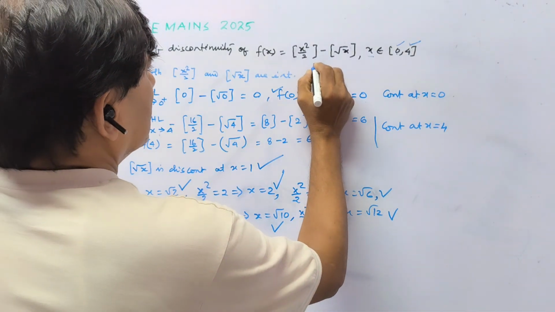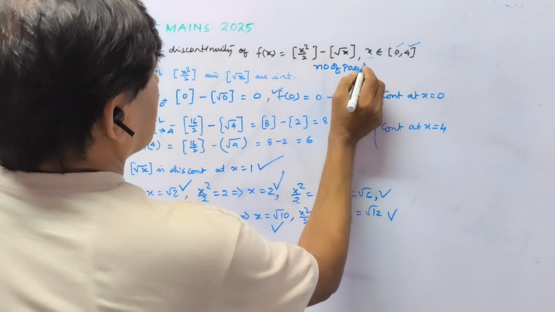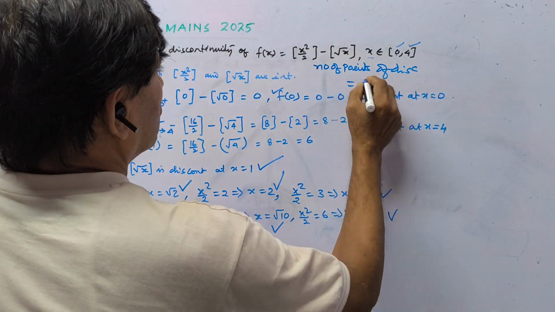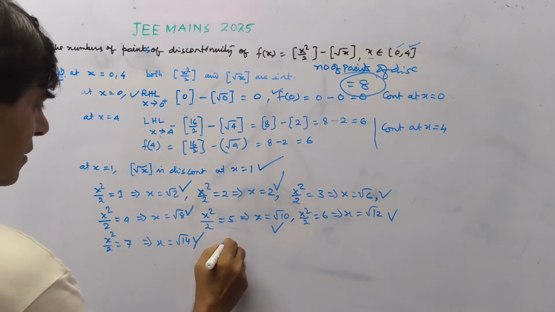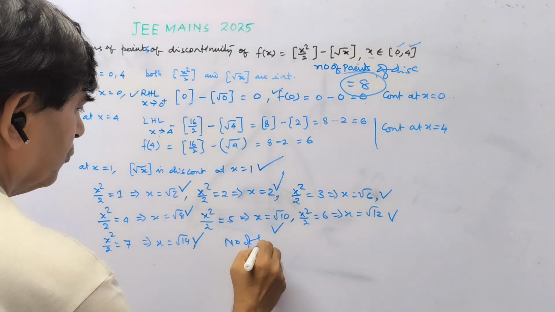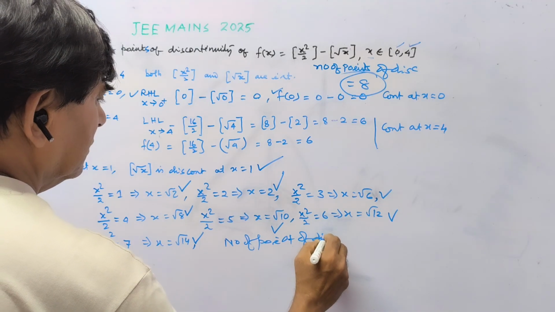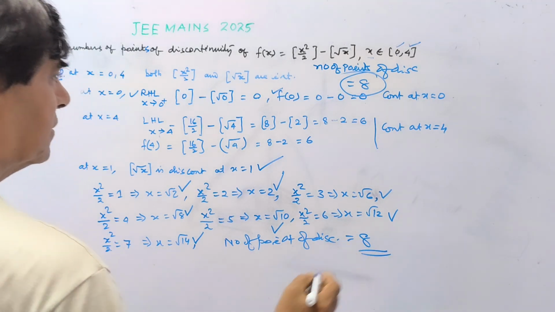So the number of points of discontinuity is equal to 8. 8 is the answer. So 8 is the answer.